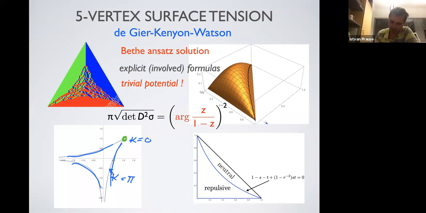That will result in this affine or flat part of the surface tension. So, namely, if you know these boundary values, then this will be the harmonic.